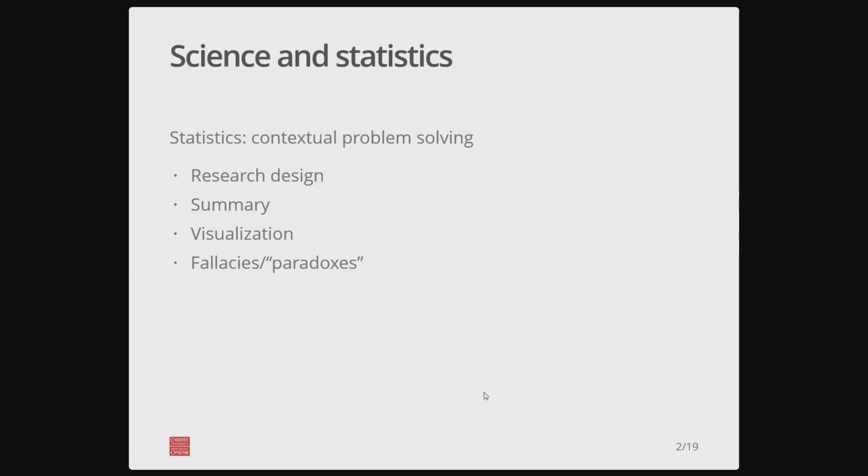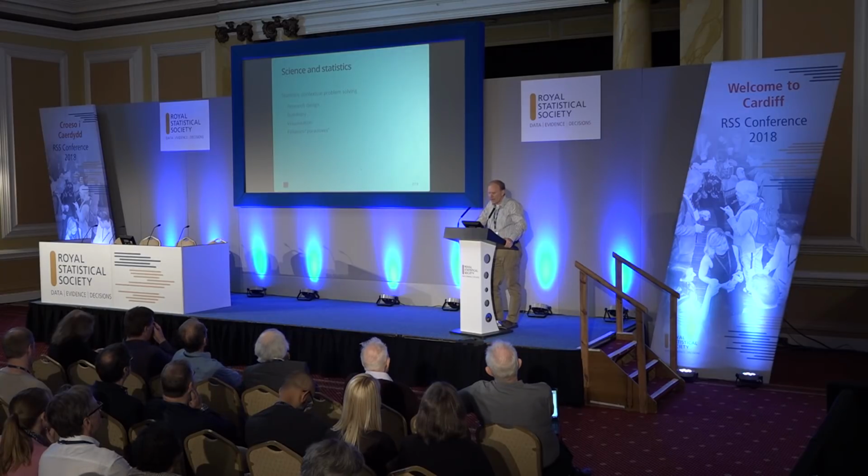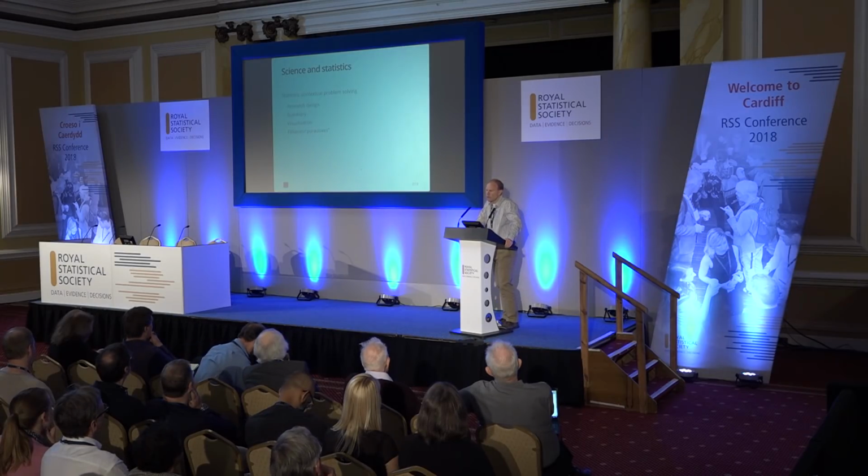So let's first talk about the relationship between science and statistics, because we often get hung up on significance testing, but statistics, of course, we all know this, is much broader. It's a highly contextual set of problem-solving tools for thinking about things like research design, data summary and visualization, and thinking about fallacies and paradoxes that can cause you to come to the wrong scientific conclusions.